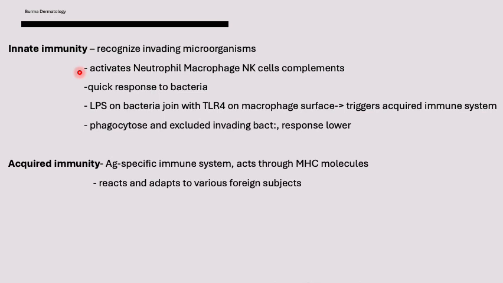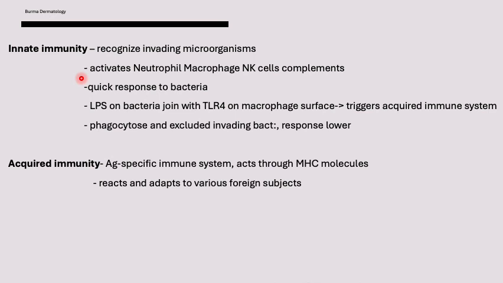microorganisms such as bacteria. The LPS, which is found on the bacterial cell wall, joins with toll-like receptor 4 on the macrophage surface, and sequentially triggers the acquired immune system, lymphocytes and the macrophage.